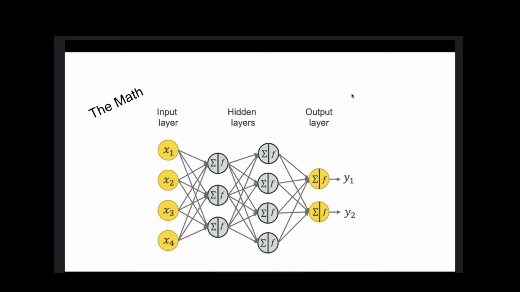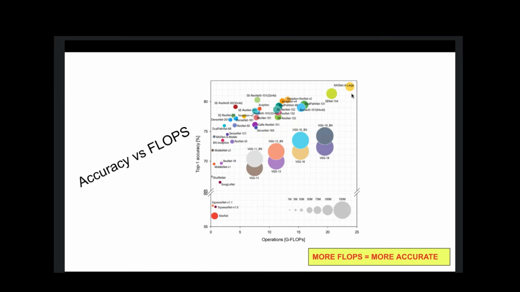You end up with neural networks and related things that do a lot of add, subtract, multiply, and divide. And you end up with scenarios like this plot here, where the x-axis is the number of gigaflops and the y-axis is the accuracy. The more computing you throw at these problems, the more accurate they get.